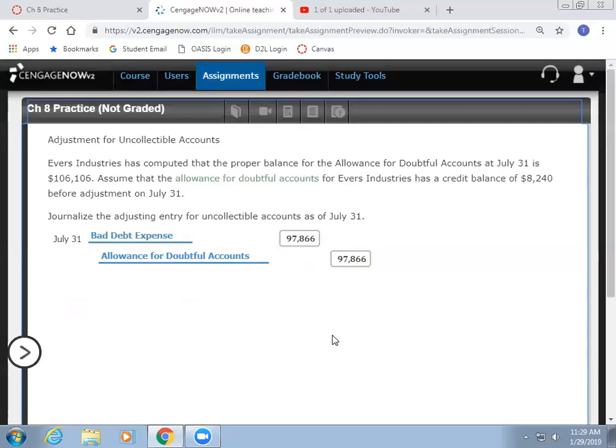So we didn't write off as much to bad debt as we estimated we were going to in the year, which is fine. That's a good thing, actually. It means we collected more than we thought. Okay. So now we have a new ending balance. So this was the adjusting amount. Because we had an ending credit, we subtracted to get that adjustment. So I debit bad debt expense 97,866. And I credit allowance for doubtful accounts 97,866.